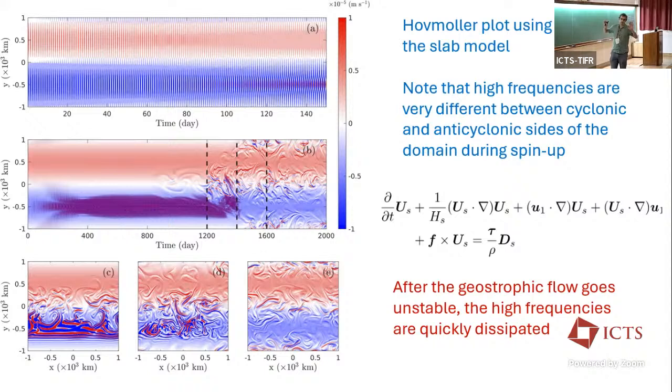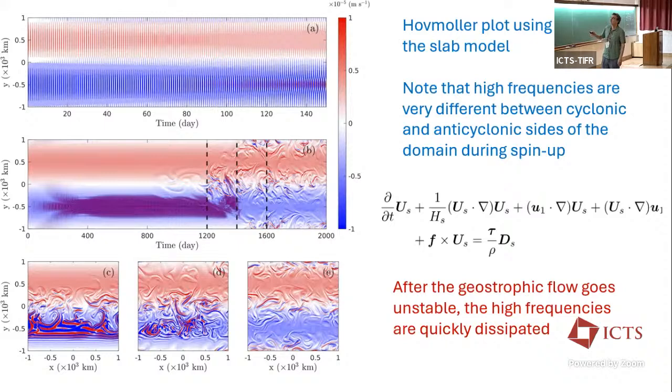So when we started it from rest, we're going to get this sort of wave number one, blue in the lower half of the domain and red in the upper half. But superimposed on that are, of course, inertial oscillations. If I just switch on the stress at time t equals 0, I'm going to get these inertial oscillations. So that's what these little stripes are.